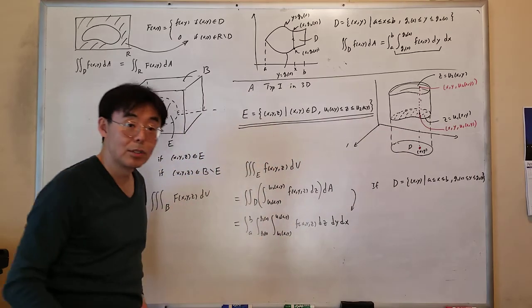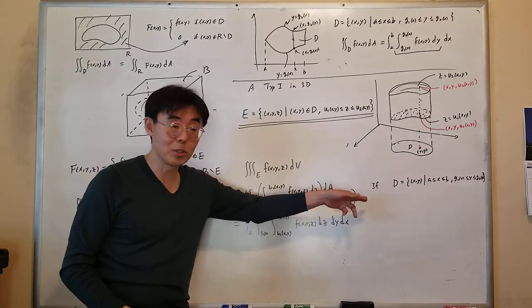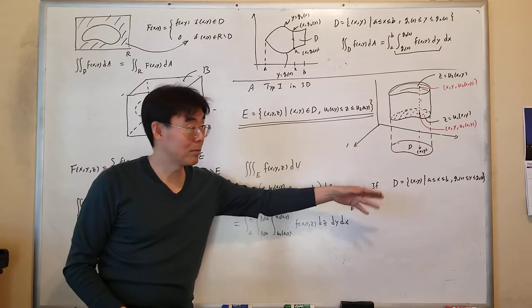So you're going to have a triple iterated integral according to the type.